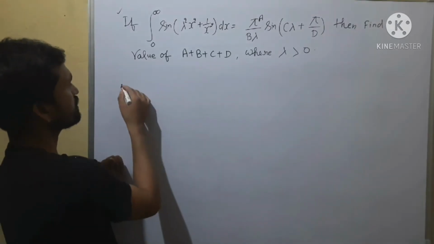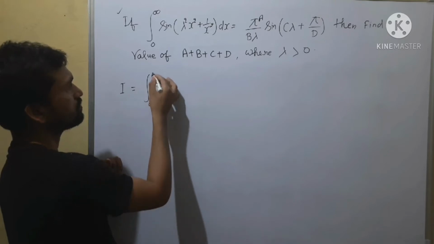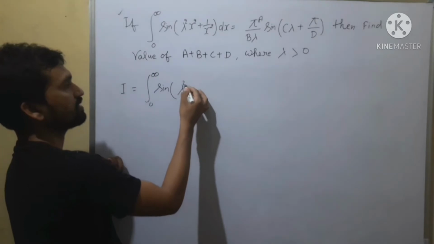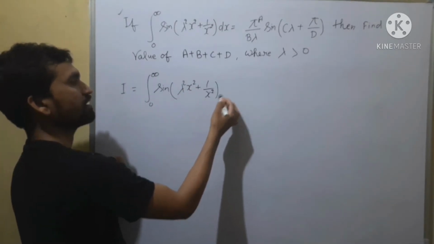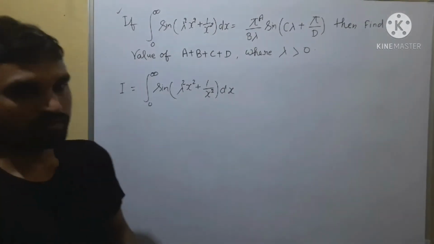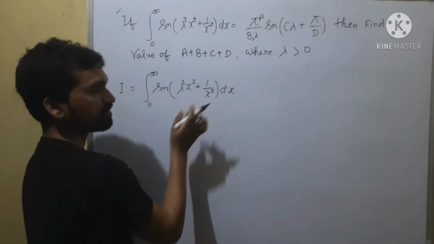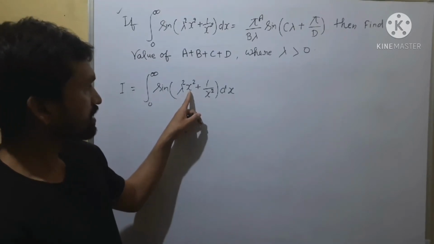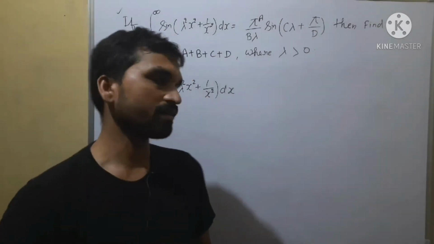Okay. So we will take I is equal to integration 0 to infinity sin of lambda square x square plus 1 by x square dx. Okay. Friends, if we observe these two terms, lambda square x square and 1 by x square, one term contains x square and another one contains 1 by x square.